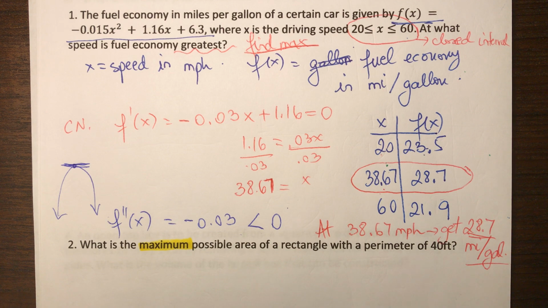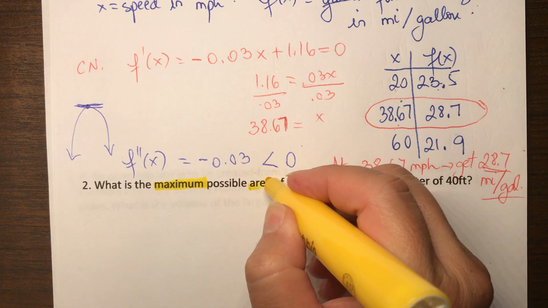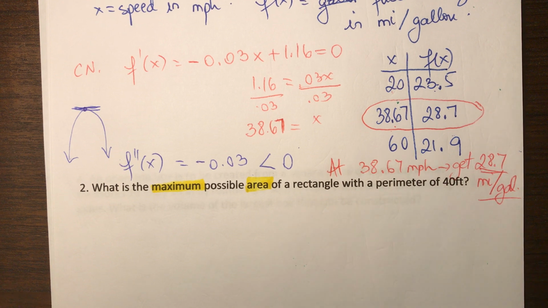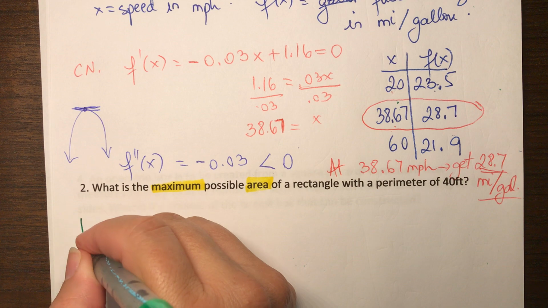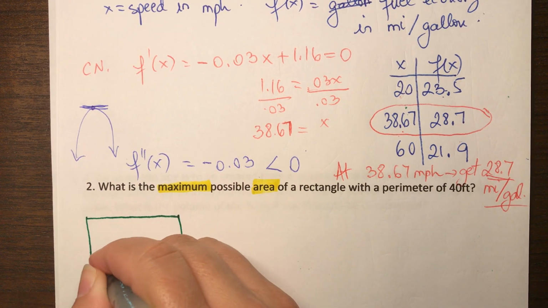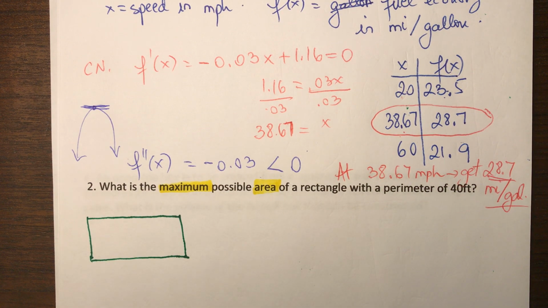So this is what we want to do. We want to maximize what? An area. Okay, so this is the function we're supposed to maximize, the area of a rectangle. And this is our condition. So what I'm suggesting you do every time you solve a word problem that involves a geometry picture, a triangle, a rectangle, a circle, whatever it is, draw that.